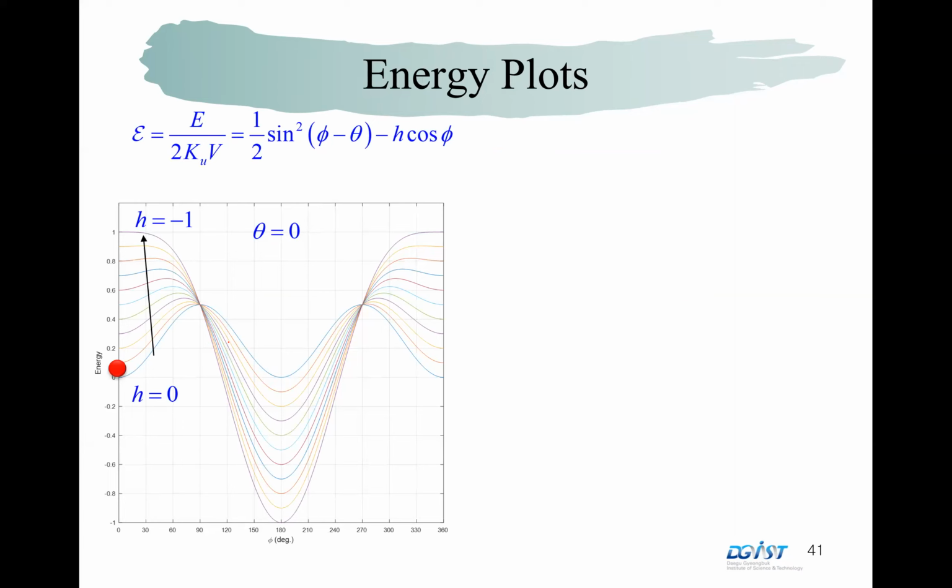Okay, so here is energy as a function of angle phi. Here, theta is 0, which means the field is applied along the easy axis direction. When there is no external field, we have such an energy profile, corresponding to sine square.